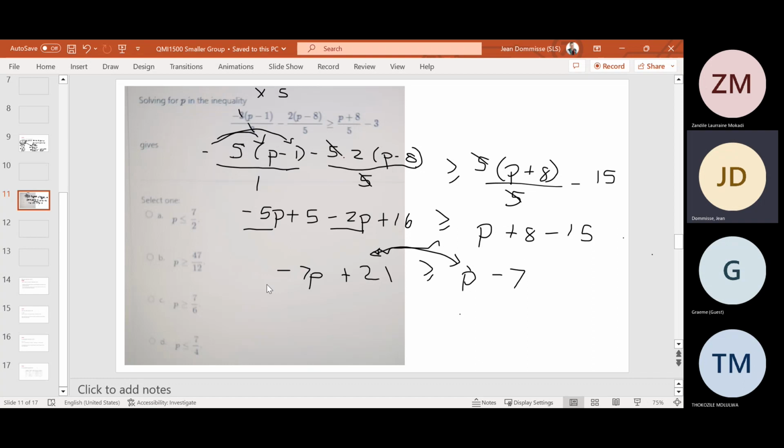So let's bring all the p's to this side. So you've got 7p plus p. That will be 8. And you take that to that side. So it's 21 plus 7. So it's 28.